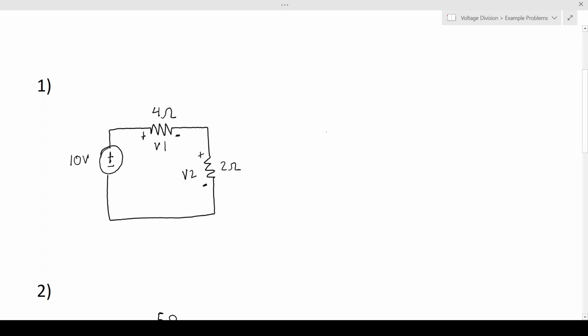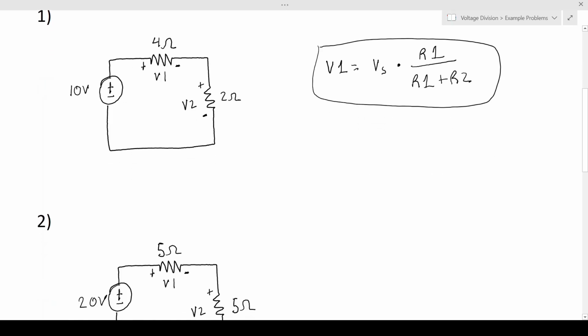We know that the voltage division equation for V1 is equal to Vs multiplied by R1 divided by R1 plus R2. And we know the voltage division equation for V2 is Vs multiplied by R2 divided by R1 plus R2.